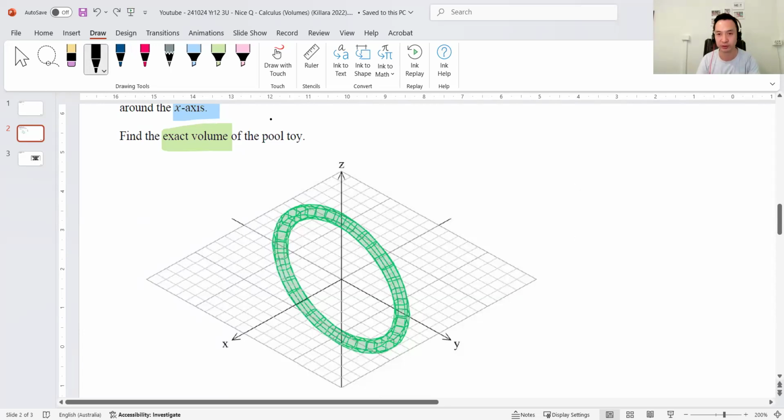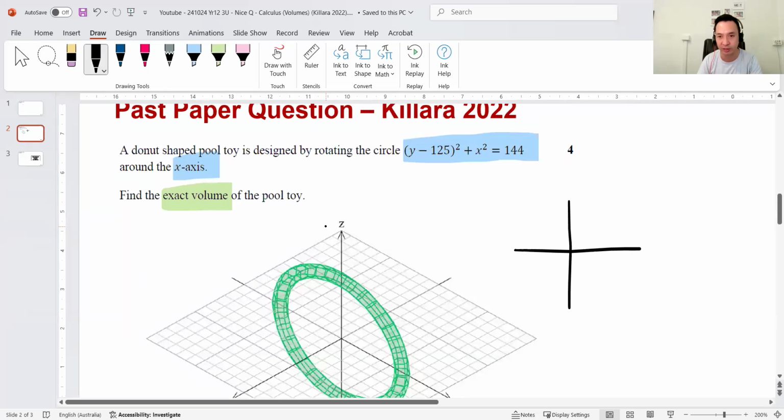So if I can draw a plane better. Now visualize it 2-dimensionally. What is this? That's a circle shifted up with a center of 125 and a radius of 12. Something like that. And we're rotating this circle about the x-axis. Now, what would that look like? You can see it creates a donut-like shape, right?